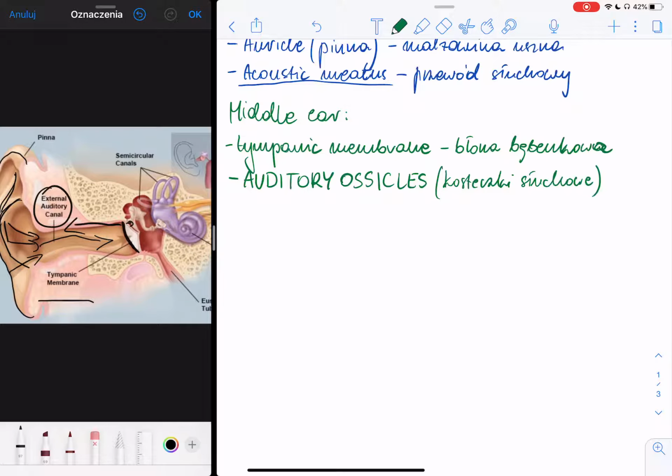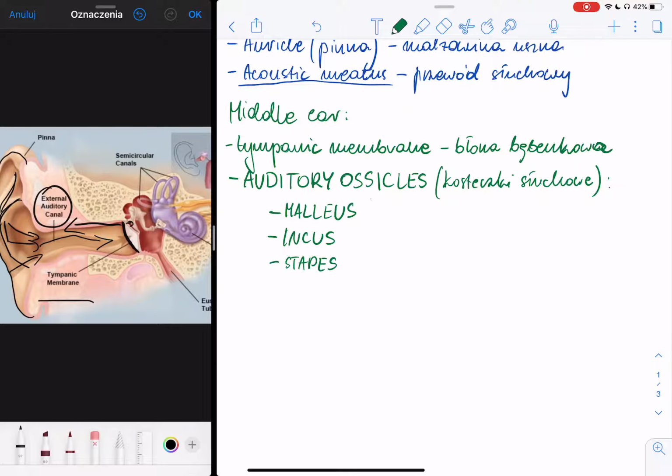And there are three of them. Malleus, incus, and stapes.